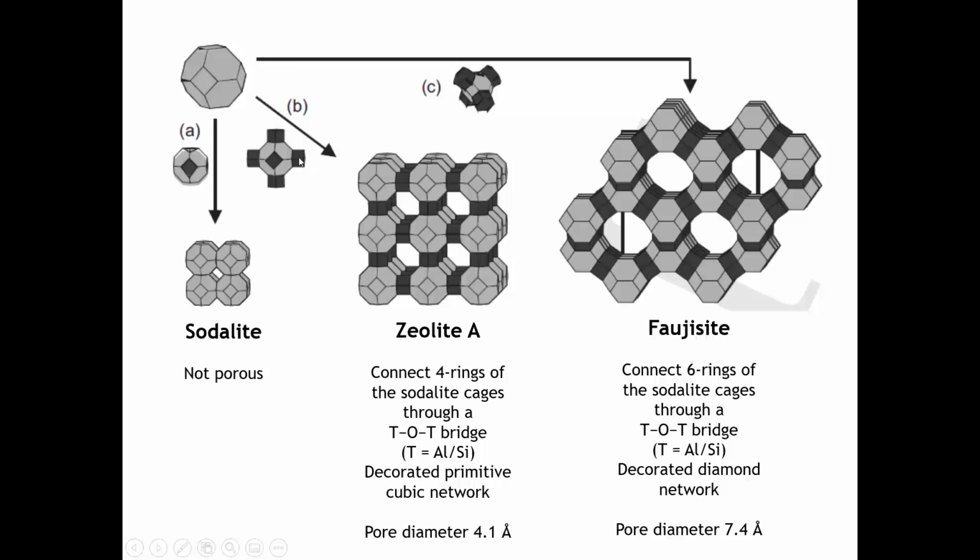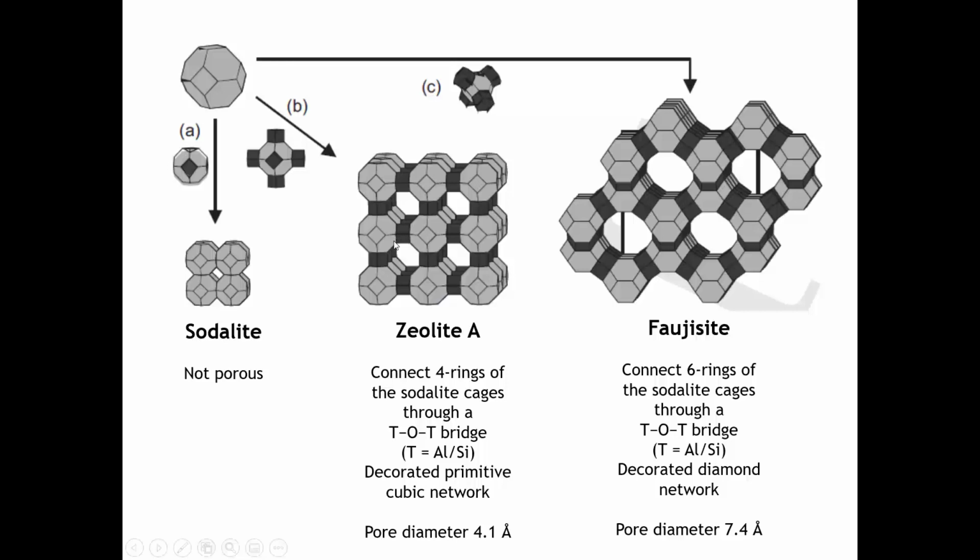So if we have another linker here, an oxygen that links from this silicon to another cage, so we'd have silicon, oxygen, silicon, and we connect them through the diamond-shaped 4 rings, then we're going to get a material called zeolite A, right? And this you might think of as a primitive cubic network of sodalite cages.